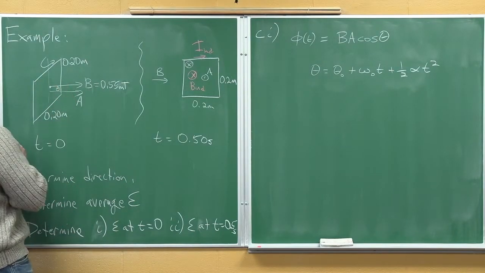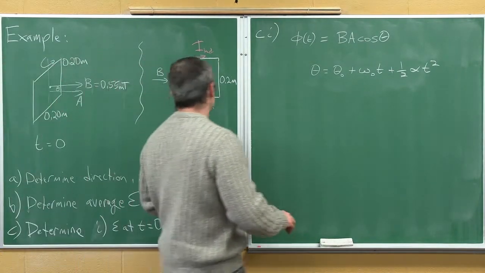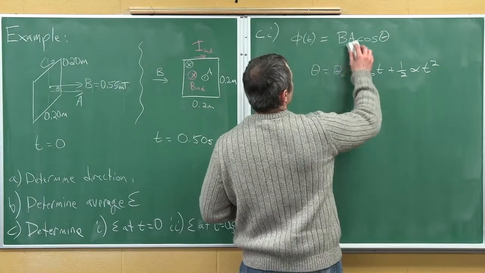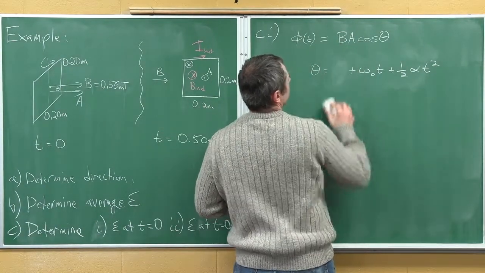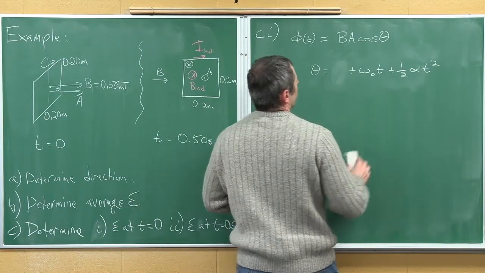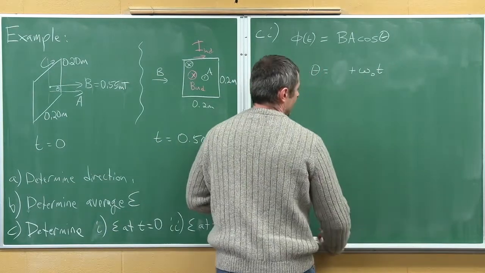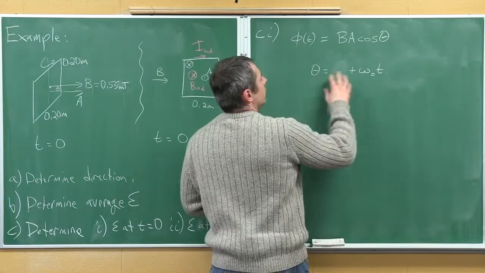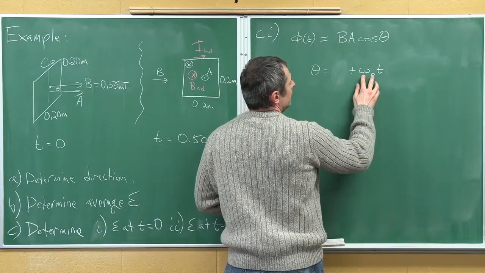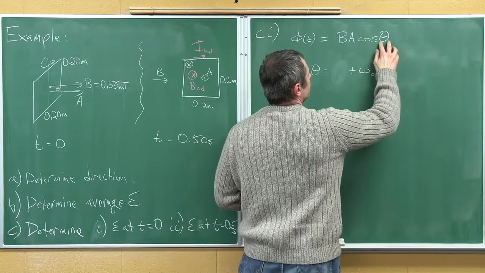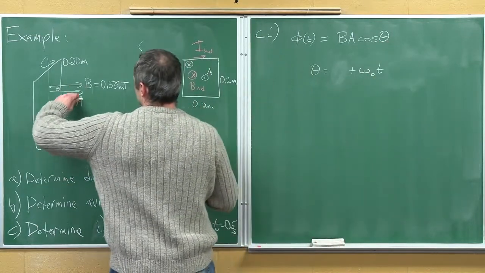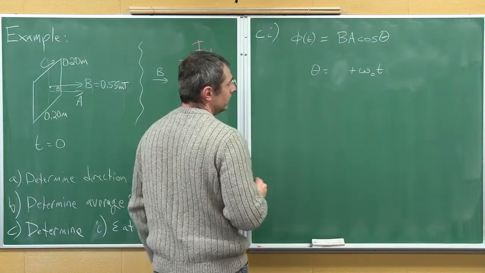Well, you could see theta begins at 0 from the picture between the area and the magnetic field. So I could do that. This is also not accelerating. I should have said that it was going at a steady speed. So the angle is actually a function of the angular speed. The radians per second times seconds gives me the radians of the angle of this vector.